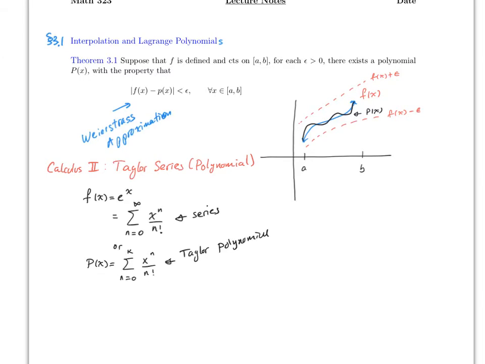Again, from calculus 2, the series is the exact representation of e to the x. The issue is that this goes to infinity, so if you want to approximate this function, you can just use the first 5, 10, or 20 terms, whatever you want.